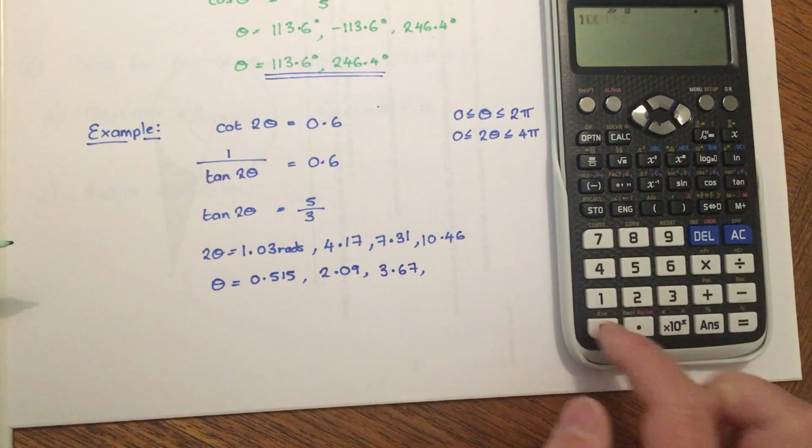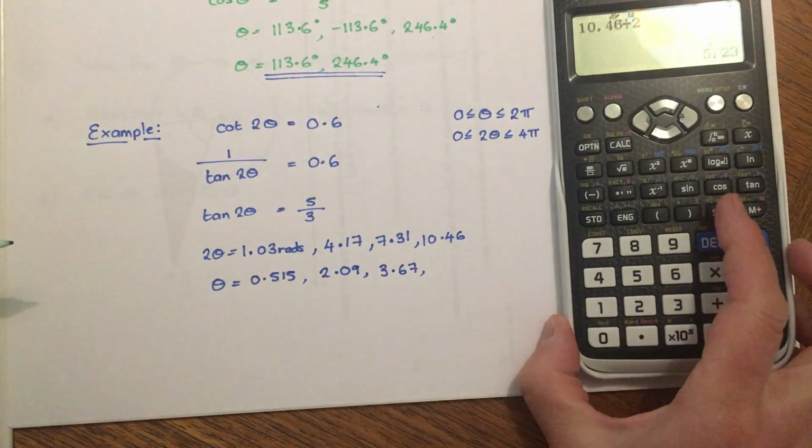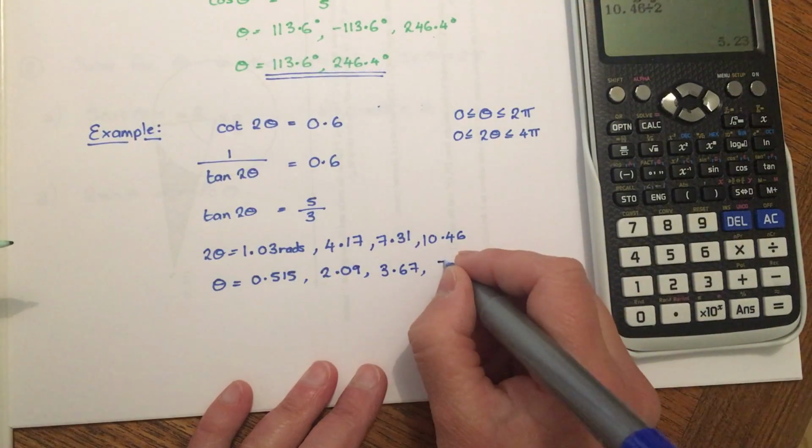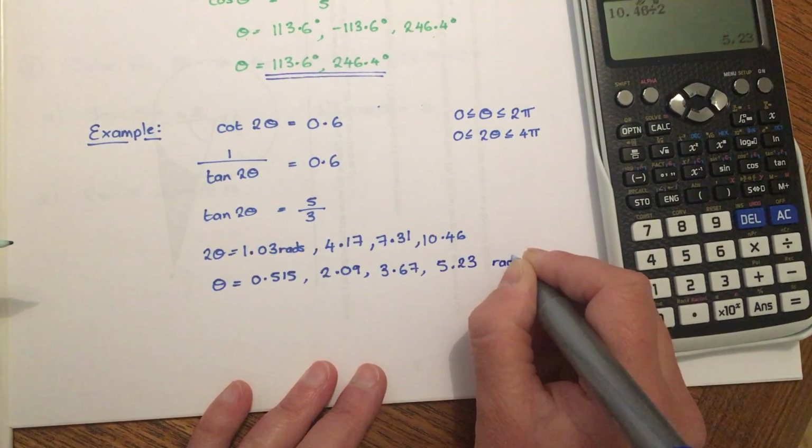And 10.46 divided by 2 is 5.23. And they're all in radians.